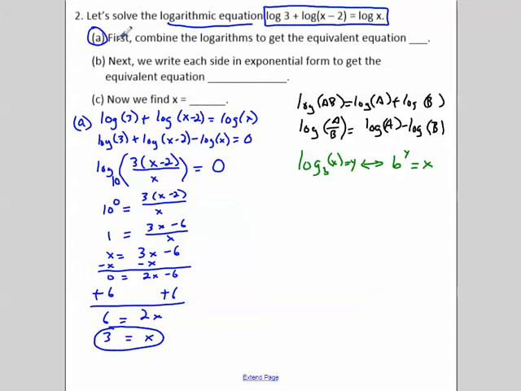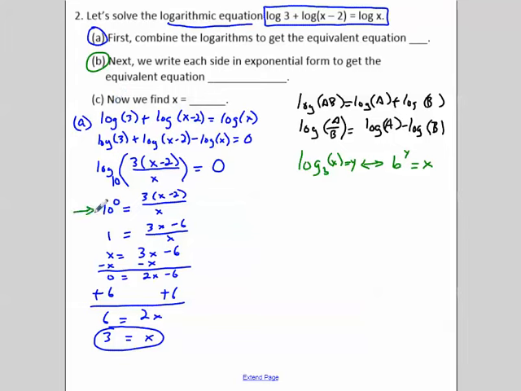So let's go back up here and review our rules. First, combine the logs to get the equivalent equation. A went all the way down to about here. Question B says write each side in exponential form to get the equivalent equation.